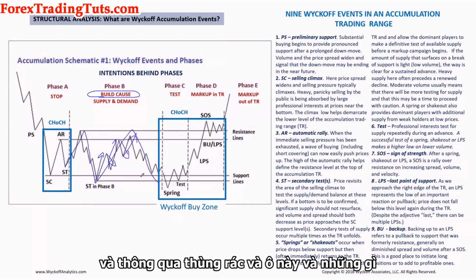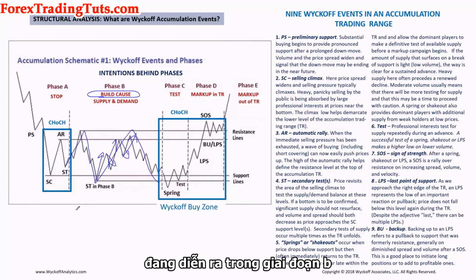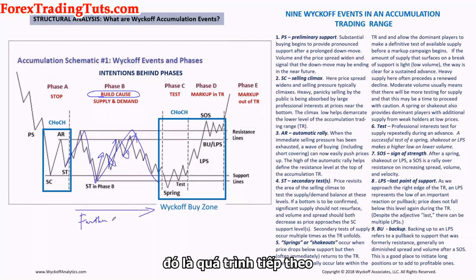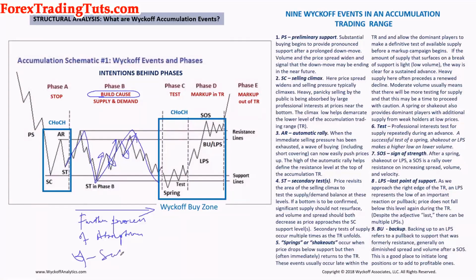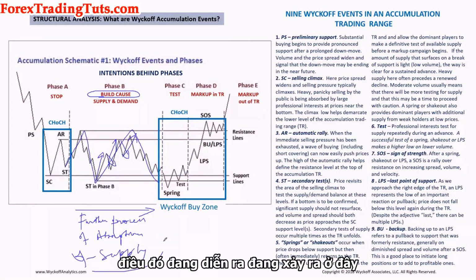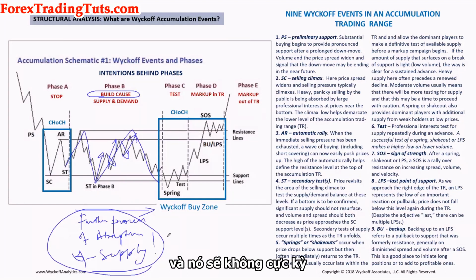And through this buying and selling, what is happening in phase B in the accumulation, it's the further process of absorption of the supply that is going on, that is happening here. And it's not going to be extremely visible.